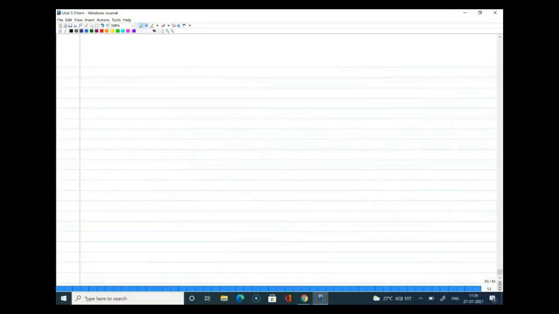So what I'm going to do now is, this is the transfer function we wrote. First, we wrote a general transfer function, and then later for second order filters, we wrote it this way. If you remember, it is b2 s square plus b1 s plus b naught, divided by s square plus omega naught by Q into s plus omega naught square. So this is the transfer function. Now I'll give you some typical cases.